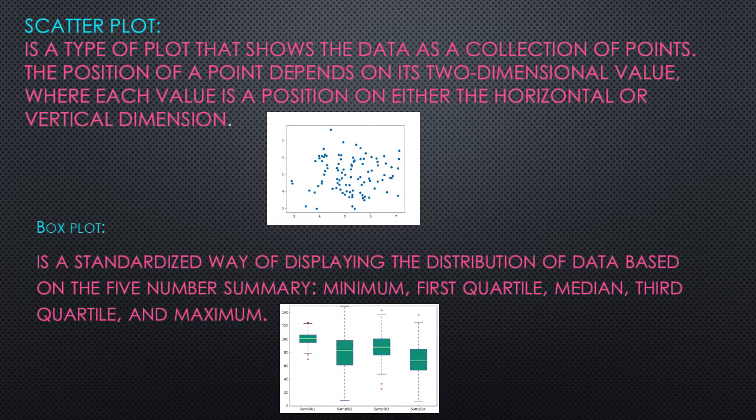Now the scatter chart. A scatter chart is a type of plot that shows data as a collection of points. This is very important: it is a collection of points.